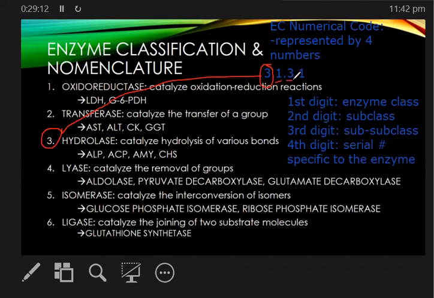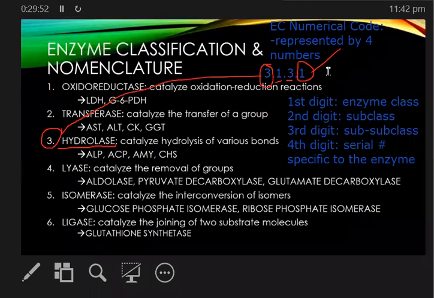Number 3, again, that's your sub-subclass. And then number 1, this will make your EC number unique because this is unique to your ALP out of all the hydrolase enzymes, or out of all the enzymes belonging to the hydrolase group. Okay, so only your ALP is designated as number 1.